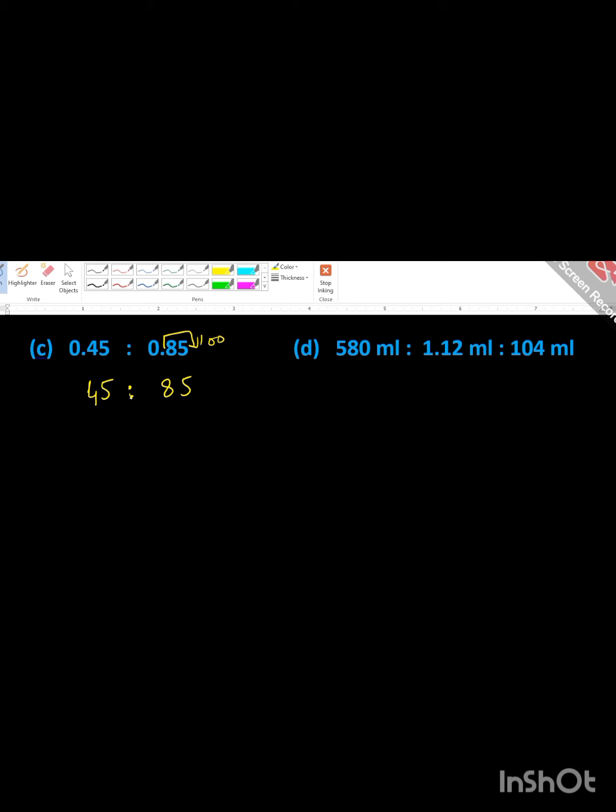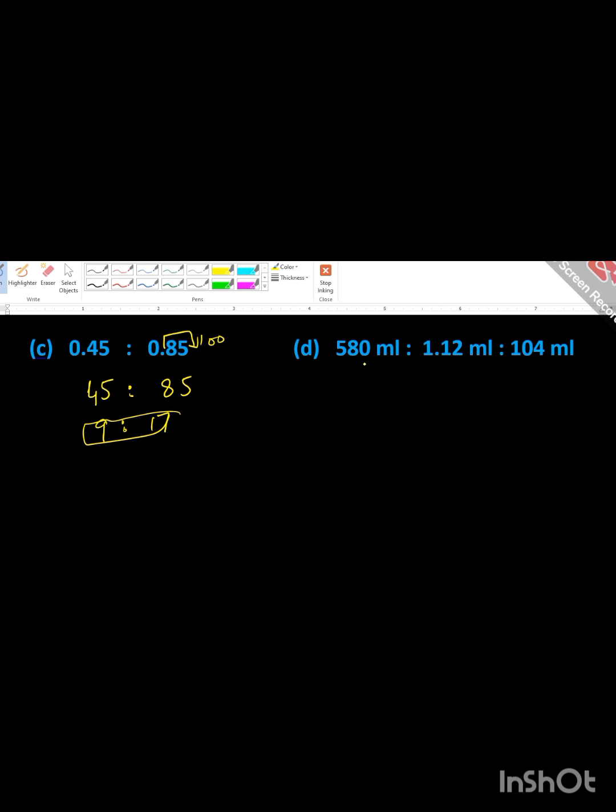Simply we will write 45 ratio 85. So I think you know now that both values are divided by the table of 5. 9 5s are 45, so 9 ratio 17 5s are 85. That is your answer. So quite easy question.